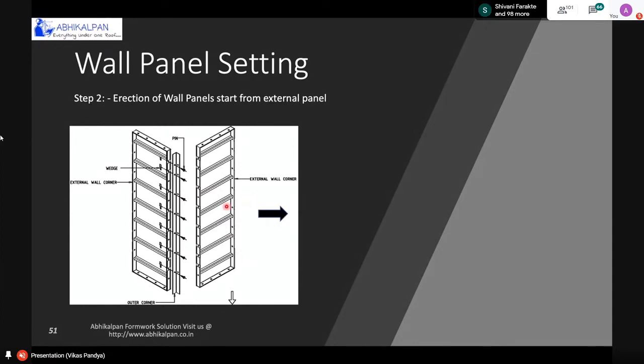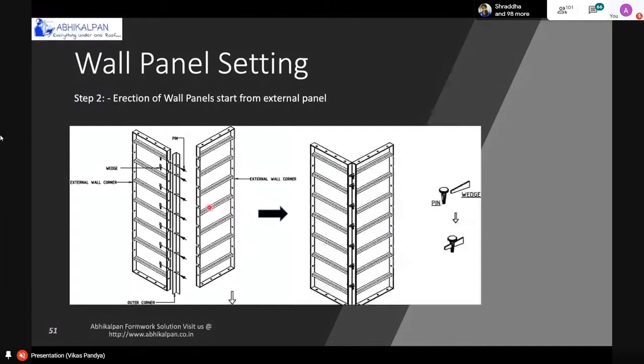Second, after connection of this panel, you will see like this, the two formwork panels, which we connect using an aluminum angle of size 65 by 65 mm, with height as needed. Using this angle, we connect two corner panels of the aluminum formwork system with the help of pins and wedges.